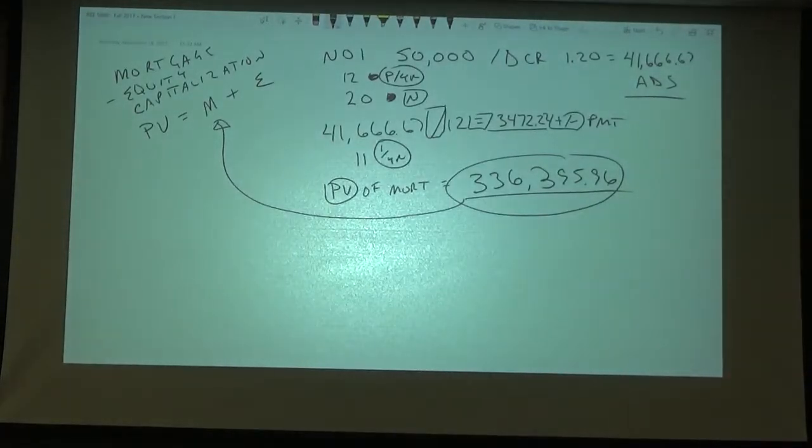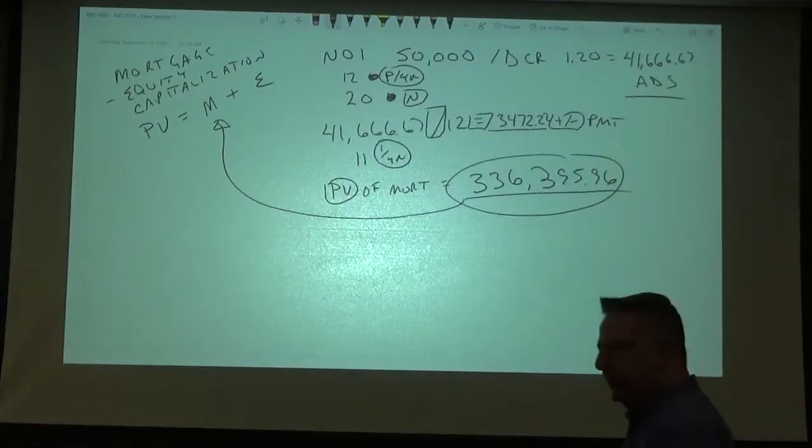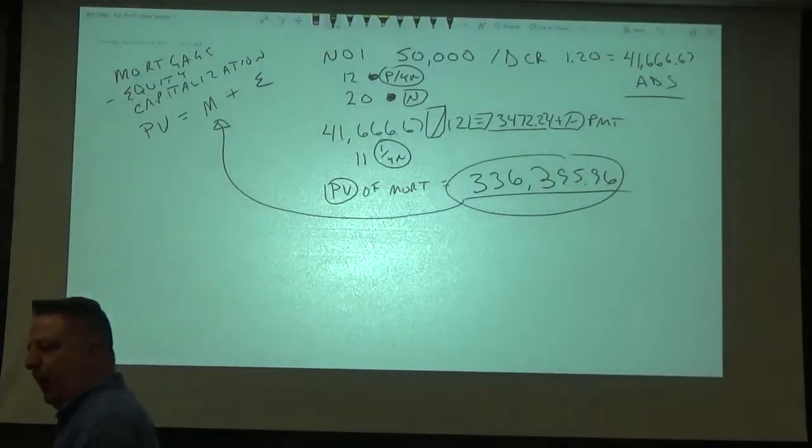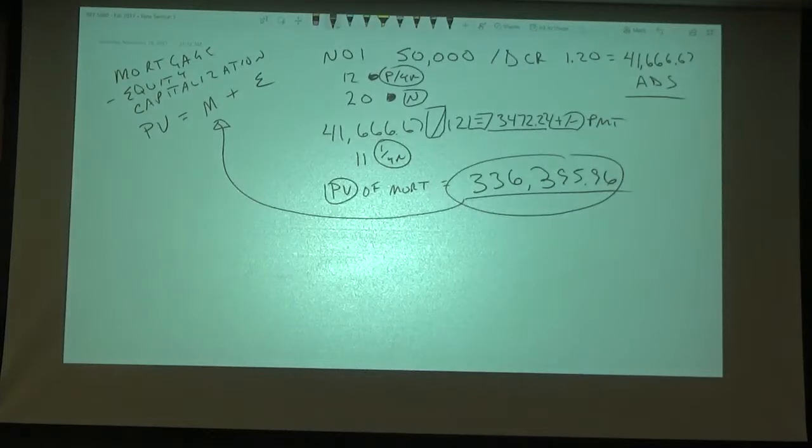Now, we have to look at the equity side, which is basically the income that the property is generating in terms of the cash flows that it's throwing off to the equity investor. All right?